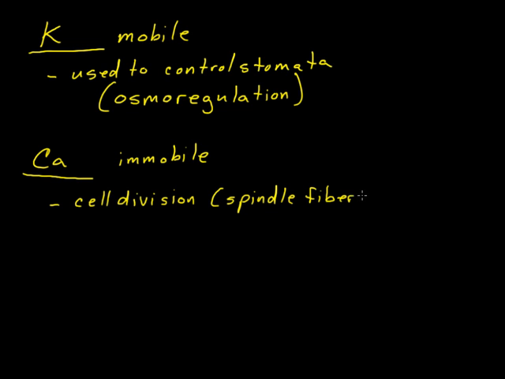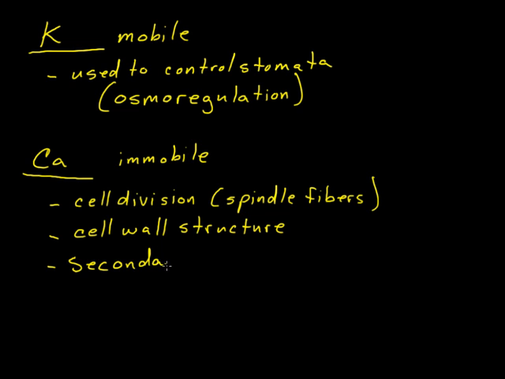And we'll talk more about what spindle fibers are later in the class when we get to cell division. Calcium is also a component of cell walls. So we can say cell wall structure. And it is also known as what's called a secondary messenger. It involves hormone systems.